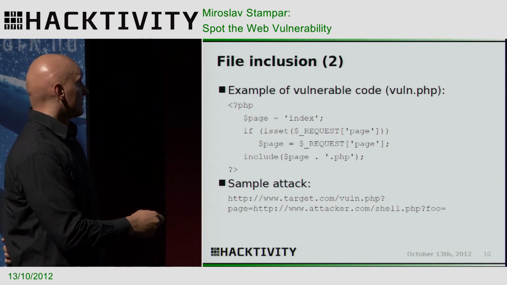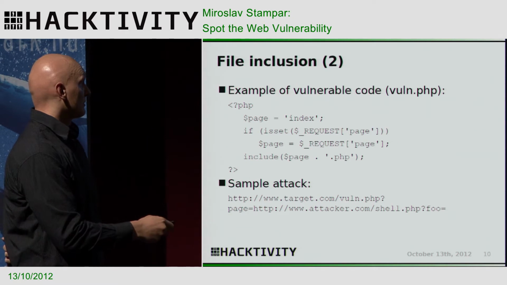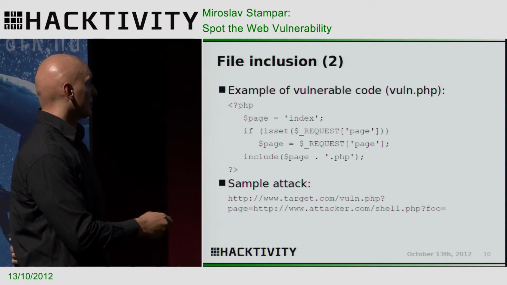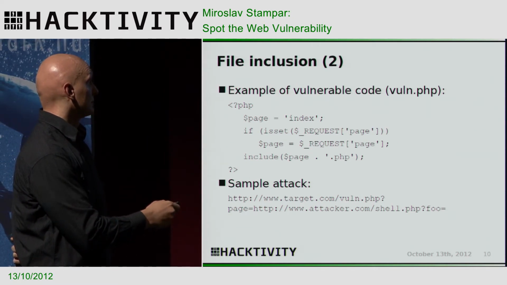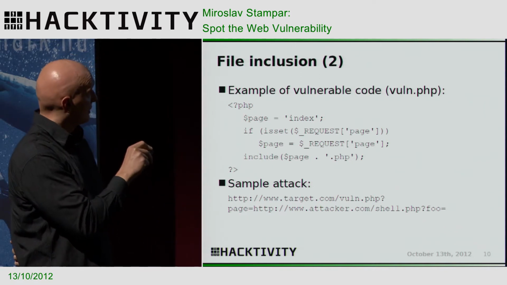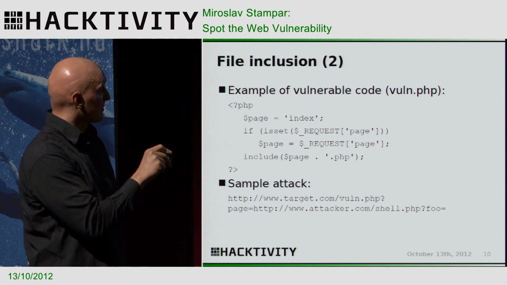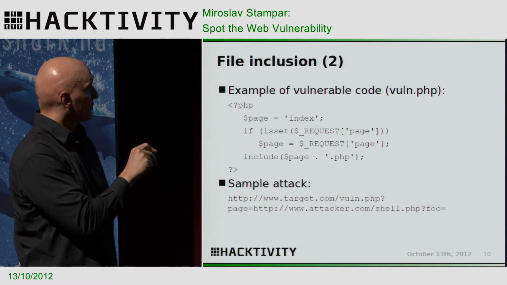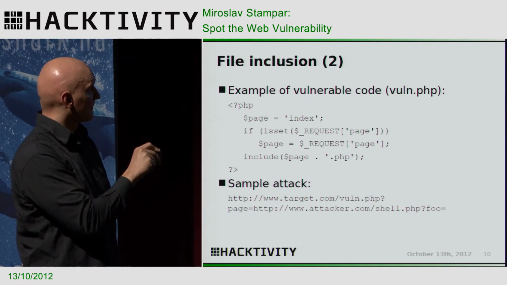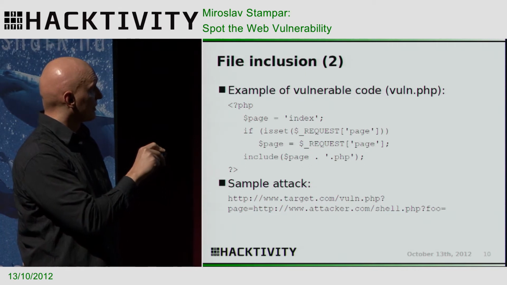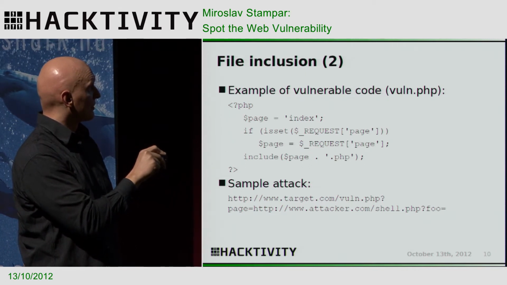Basically, you can see that the page parameter value will get this value, and this piece of code will just say if the request parameter value is set, use that request parameter value for inclusion inside this piece of code.